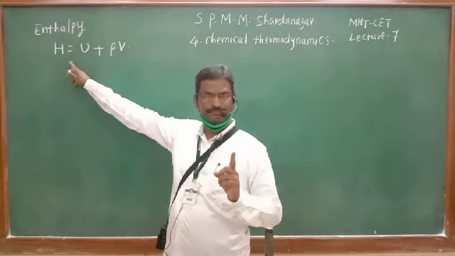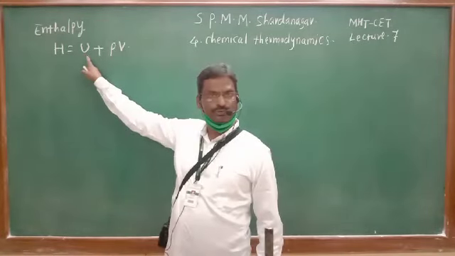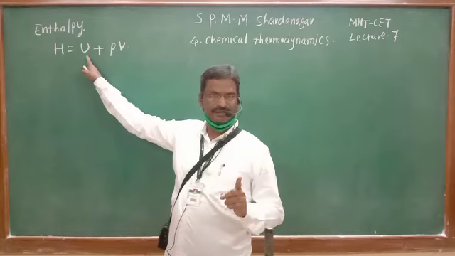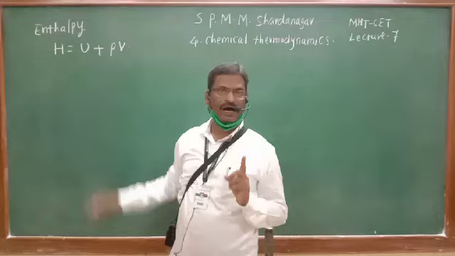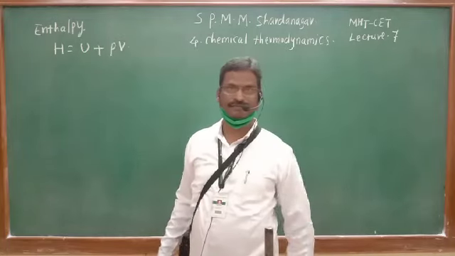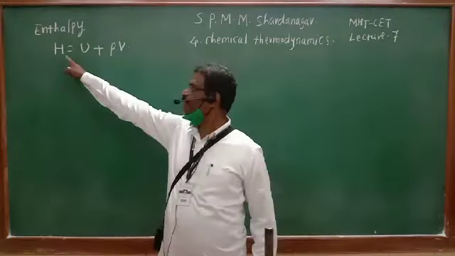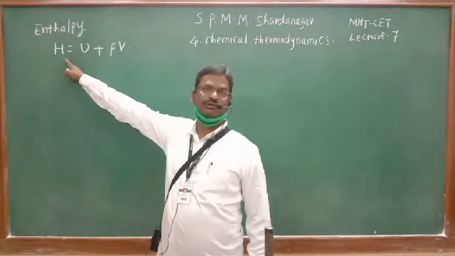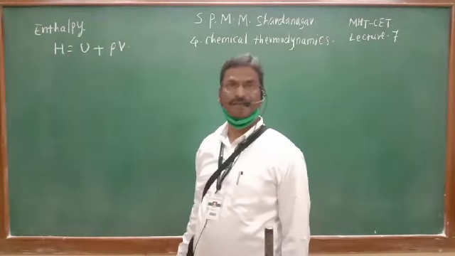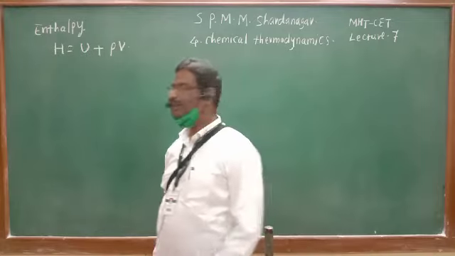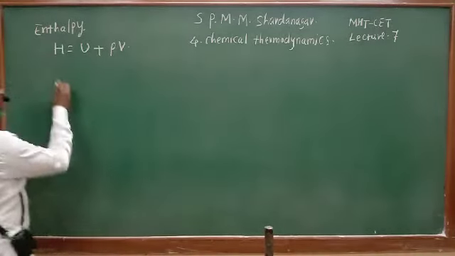We know that internal energy U is a state function, pressure P and volume V are also state functions. Therefore, enthalpy H is also a state function. Therefore, change in enthalpy can be calculated simply by one equation.